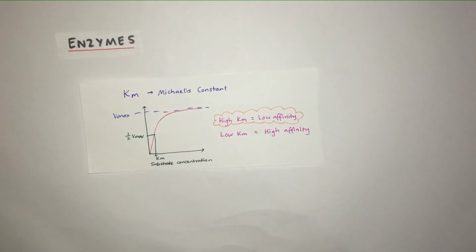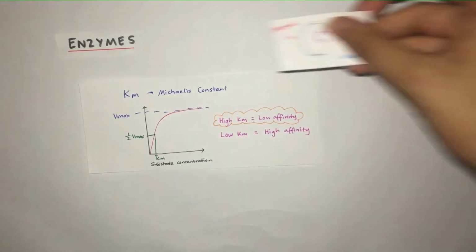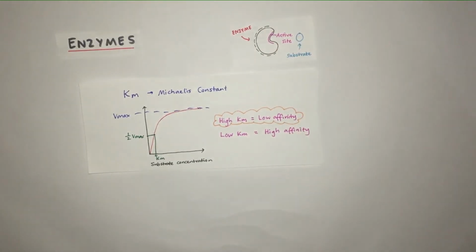So what that means is, we've got an enzyme here, and we've got an active site, which is where the substrate binds. The substrate is a substance that is binding to the enzyme so that the enzyme can do its work. And affinity means the ability for the enzyme to grab on to that substrate. So a high Km means that it has a low ability to grab onto the substrate, and the opposite is true.